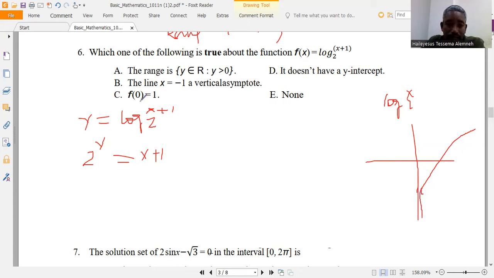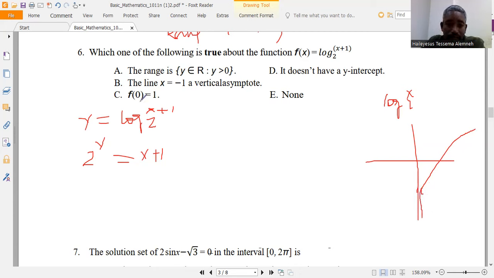So when y is equal to 0, we can find the x-intercept. When y is equal to 0, 2 to the power of 0, which is equal to 1, is equal to x plus 1.